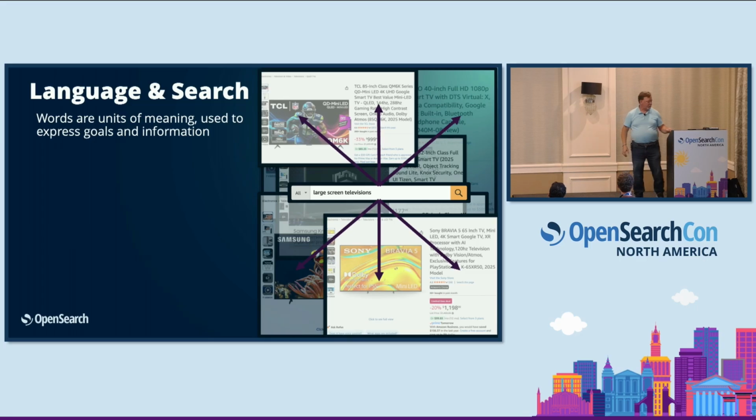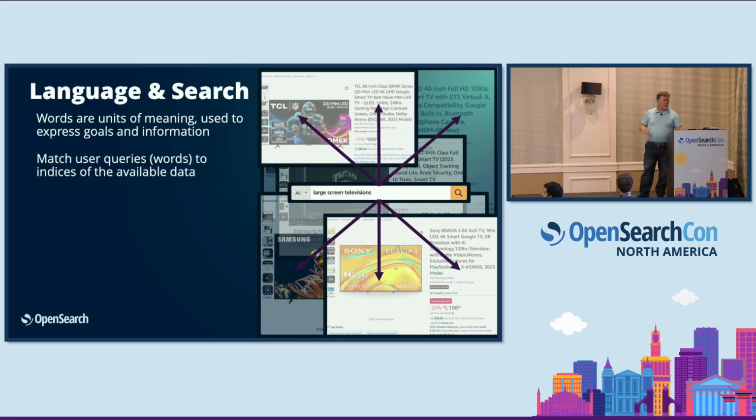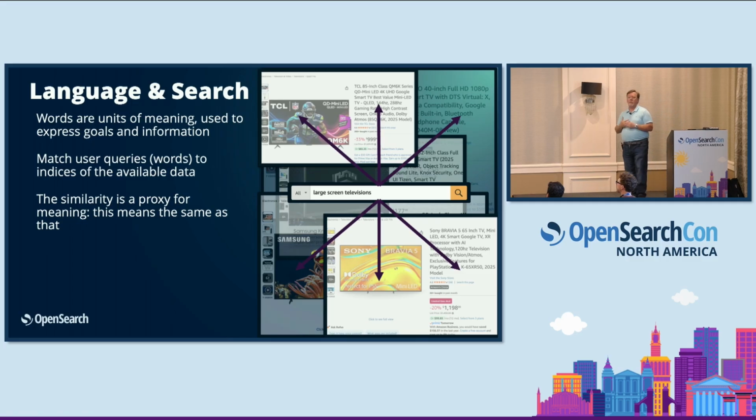So very abstractly, we're matching user words to search documents, right? And similarity is kind of the proxy for meaning. We have various measures of similarity, formerly BM25, currently a number of different methods that we can use to evaluate the similarity of a query to a particular document and bring back the results.